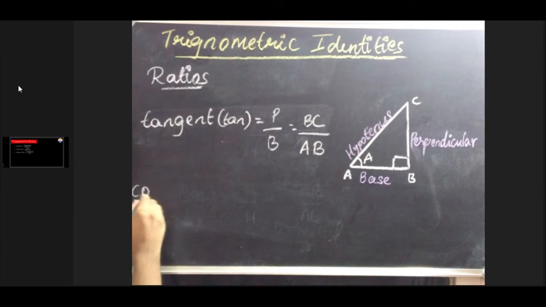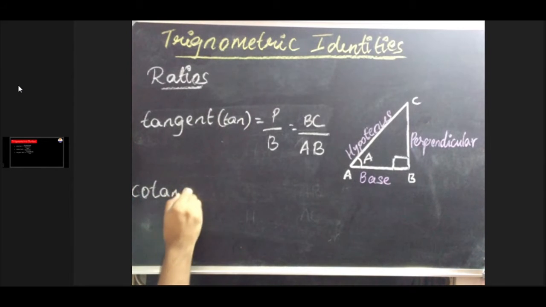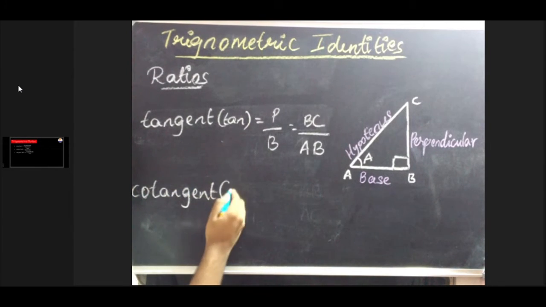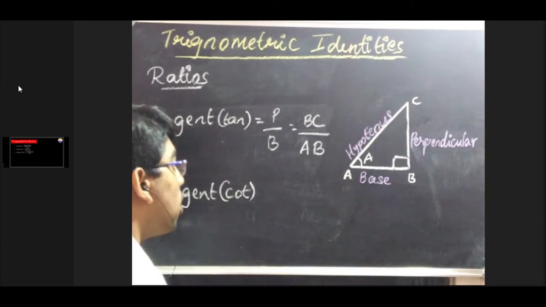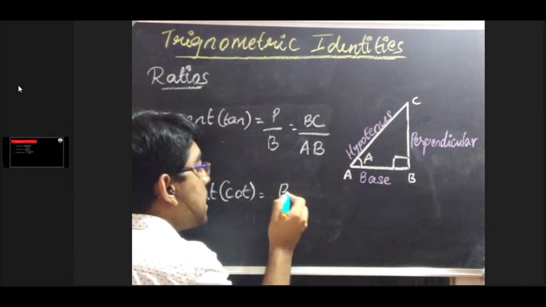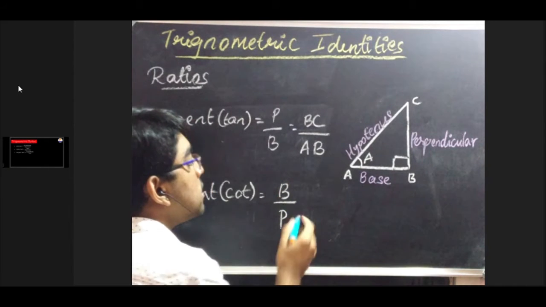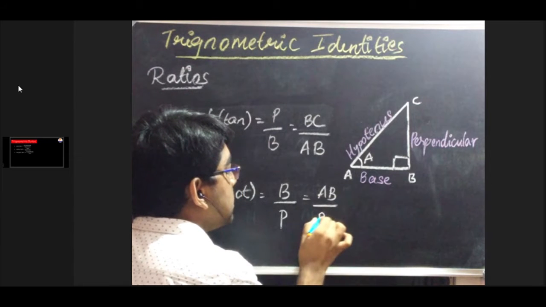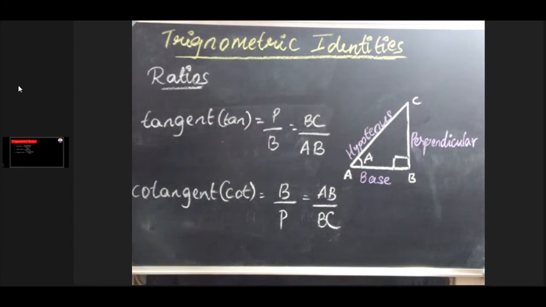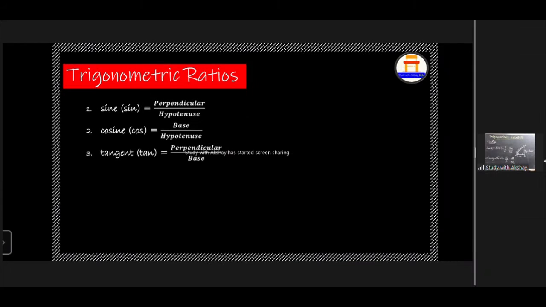Next, we have cotangent, indicated as cot. We usually call it cot, which is given by base by perpendicular, which is equal to AB by BC. Let's see, is it the same?